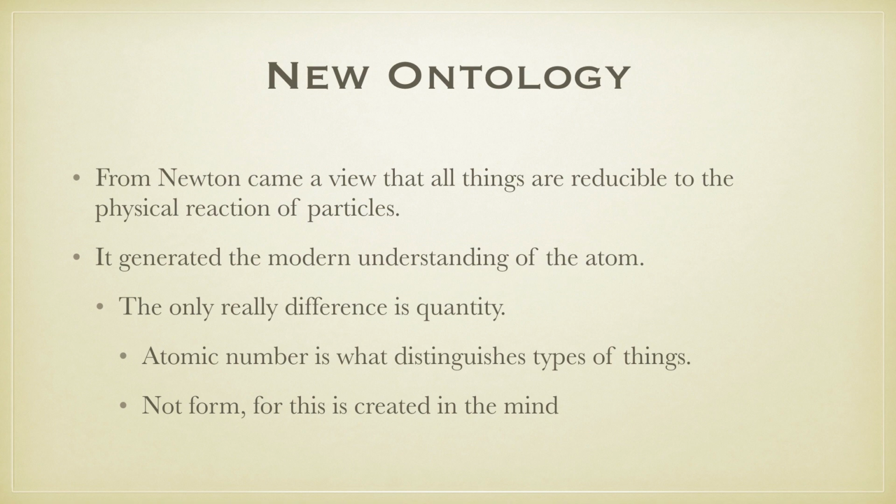It is a matter of quantity, or the atomic number that differentiates. Even the variations among different types of water, such as liquid or gas, has to do with quantitative changes, such as the distances of the electrons and neutrons from each other.